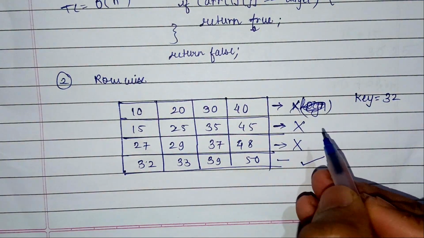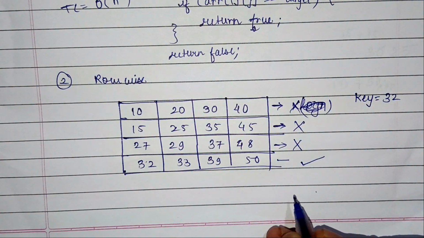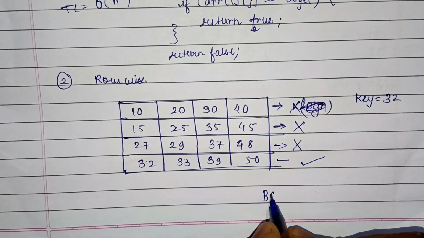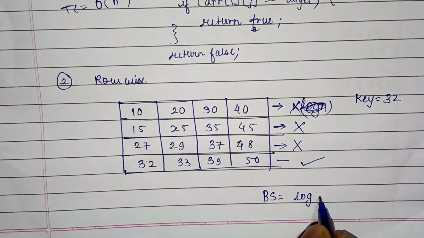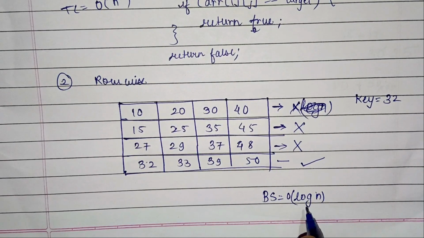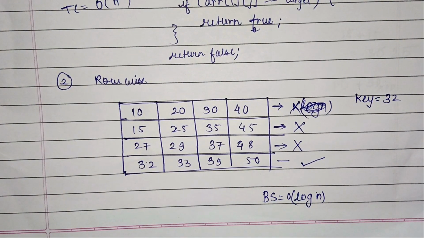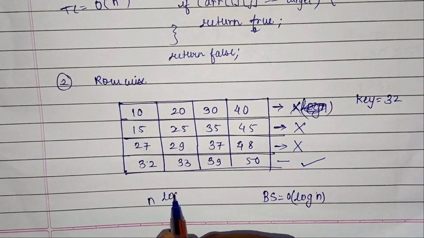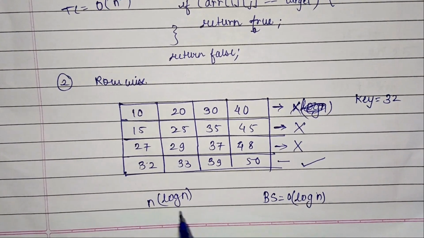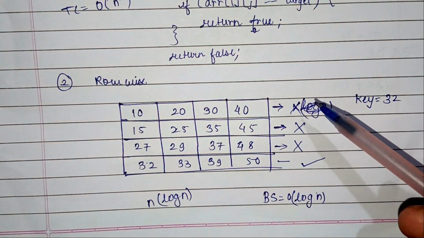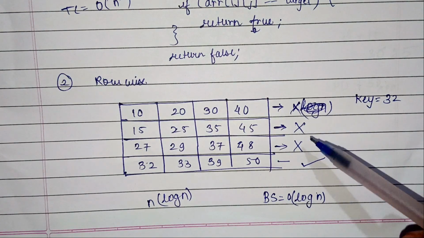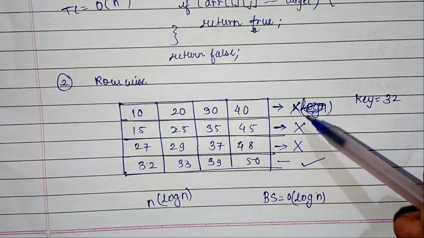So for binary search the complexity is log n. For this matrix, the time complexity will be n log n, because we have to traverse n rows and apply the binary search in each.